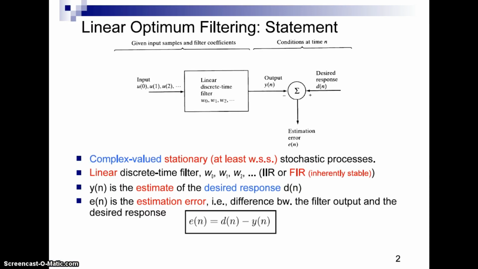First, we'll start with linear optimum filtering, the problem statement. In this chapter, we study a class of linear optimum discrete time filters known collectively as Wiener filters. Wiener filter theory is formulated for the general case of complex valued stochastic processes with the filter specified in terms of its impulse response.